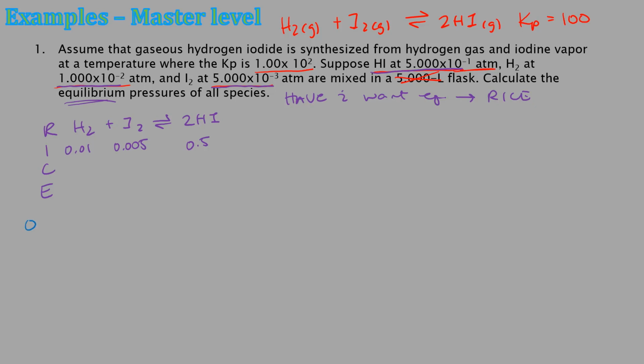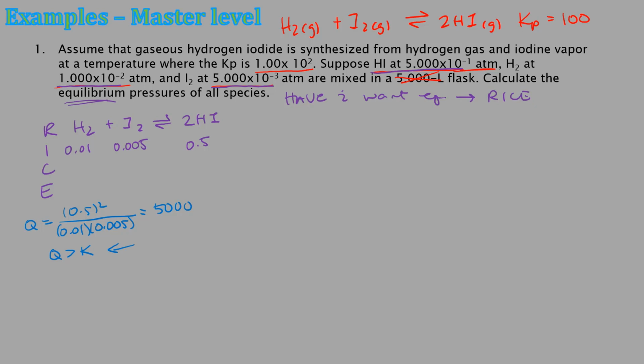So real quick, Q is going to be 0.5 squared divided by 0.01 times 0.005, and if I calculate that, my Q is 5,000. And so since Q is greater than K, the reaction is going to shift back toward the reactant so that it can get smaller.